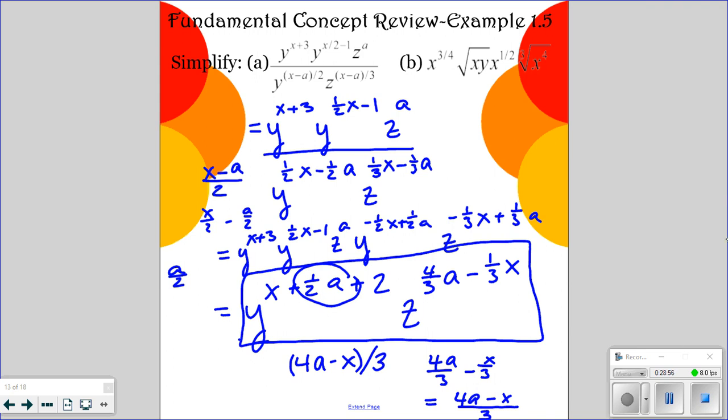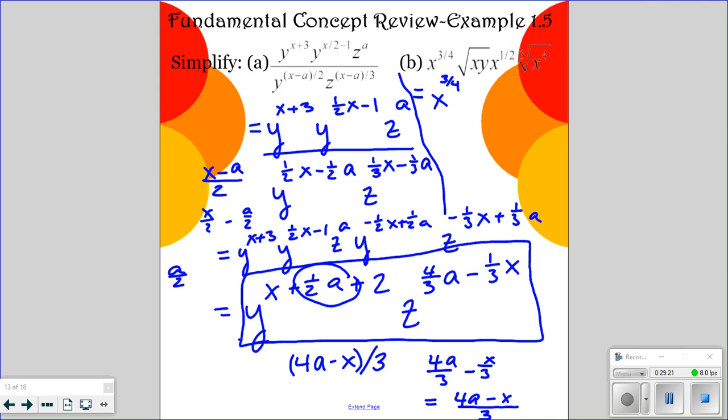All right, so for this part B one, first thing you need to do is to make these radicals into fractional exponents. So we're going to have x to the 3/4. We're just going to write it below. There is an understood 1 here on that x and on the y as well. This is a radical. It's a square root.